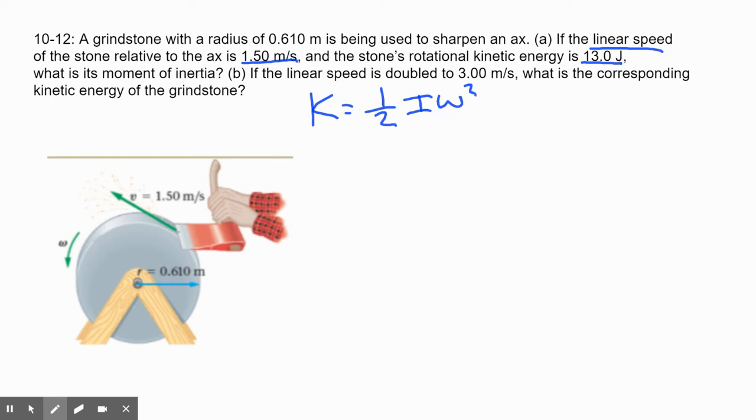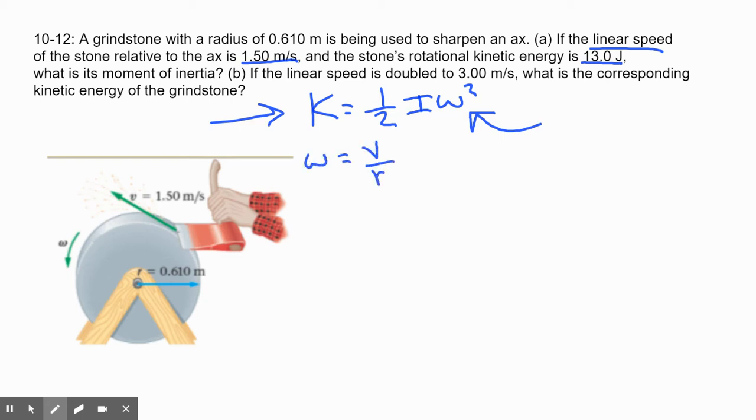We have the linear speed, so we can find the angular speed here. And then from there, we'll have all the information we need in order to just plug everything into this formula. Okay, so we do not currently have angular speed. We only have linear speed. So let's calculate the angular speed.